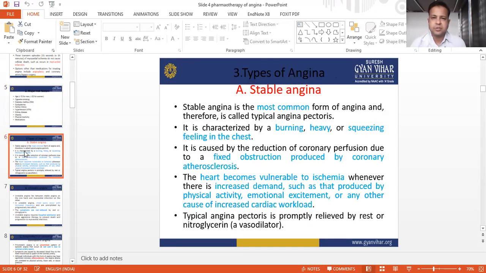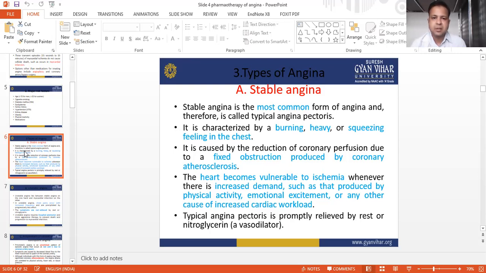The first type of angina is stable angina. Stable angina is the most common form of angina and therefore is called typical angina pectoris.